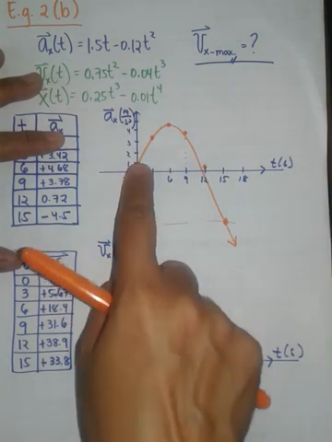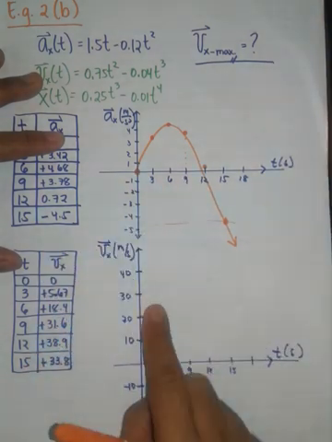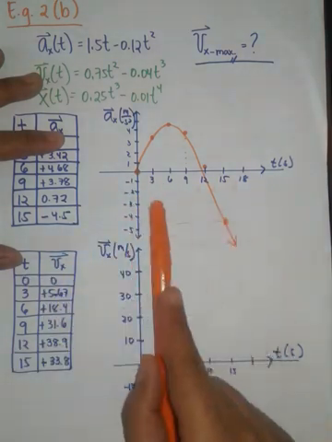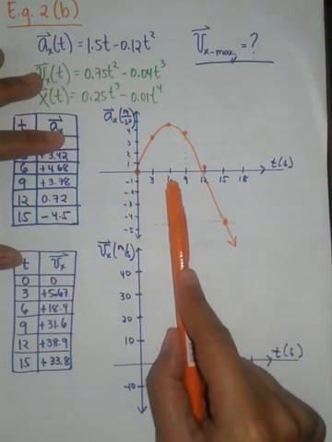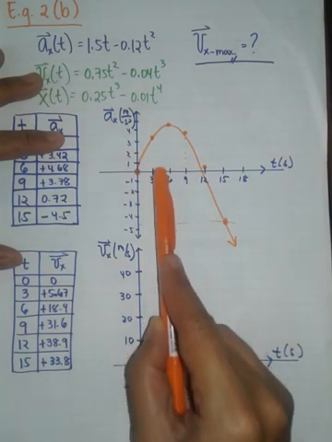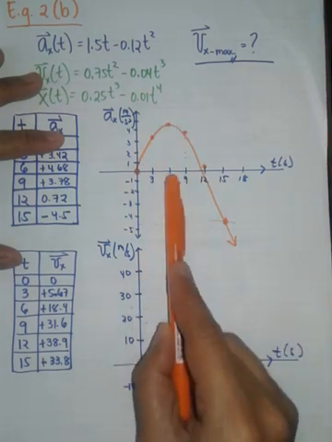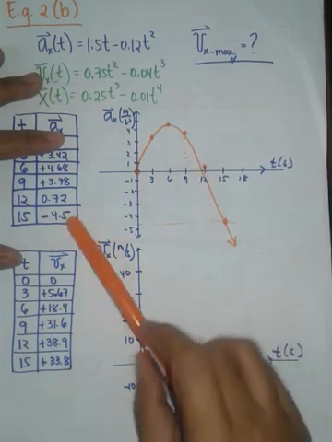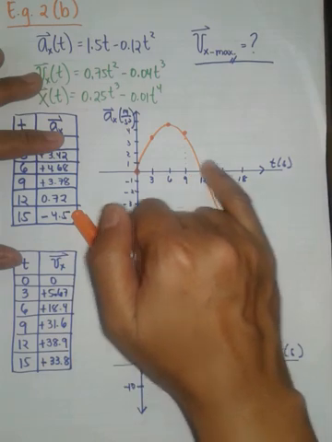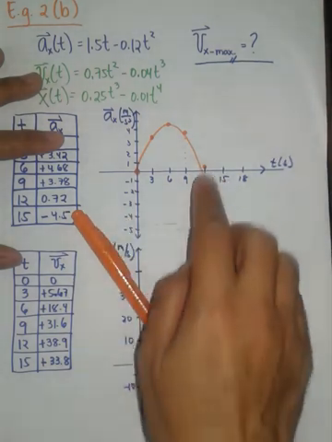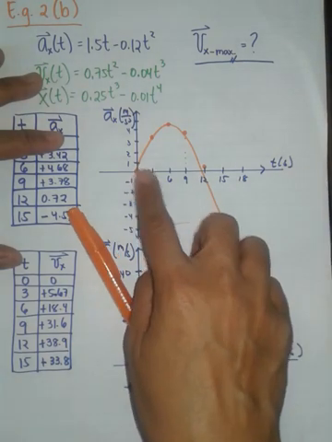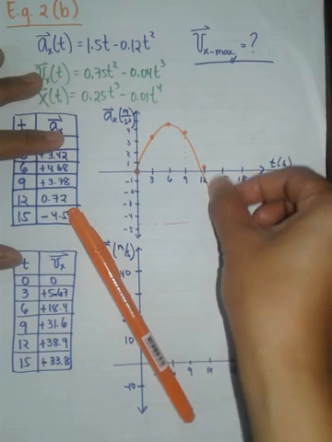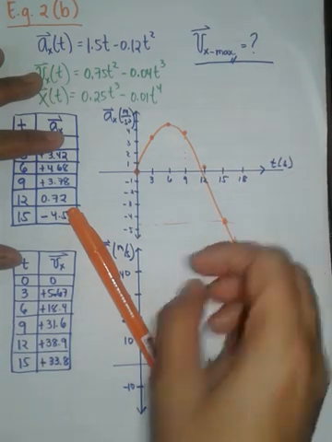In this case, at any instant you have a different value of A. From 0 to time 6, acceleration keeps on increasing in the positive direction. But after 6, the acceleration decreases until it reaches 0 somewhere here around 12. We will solve later at what time exactly it becomes 0. And after that time, acceleration increases again, but negatively.